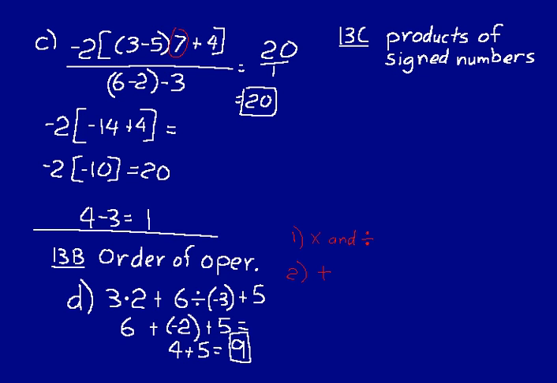The last part of this lesson is on products of signed numbers. Now in lesson 7 we talked about the concept of opposites, where we would say like the opposite of the opposite of the opposite of the opposite of 3. That would be equal to a positive 3. One thing I discussed in that lesson was that when you had an even number of negative signs, your answer would be positive.